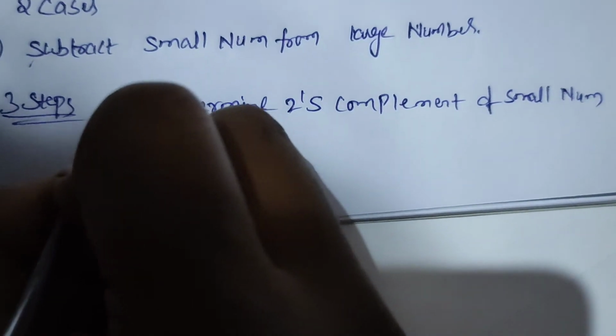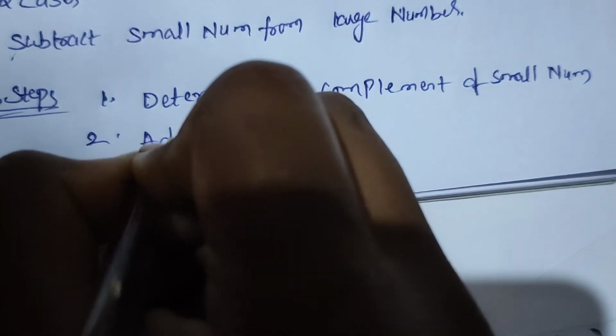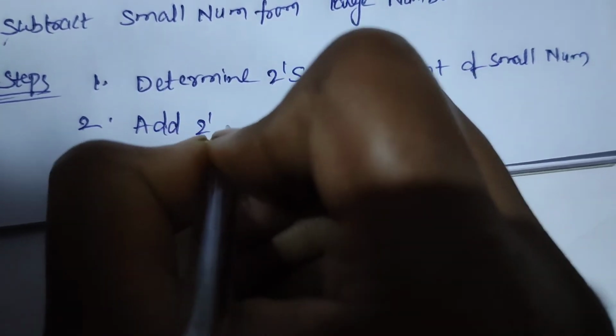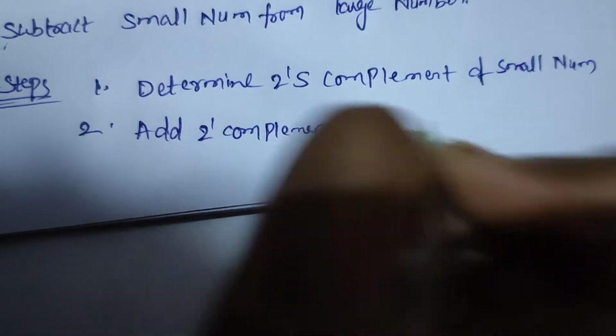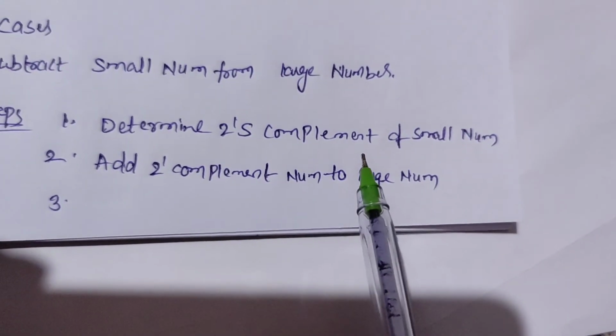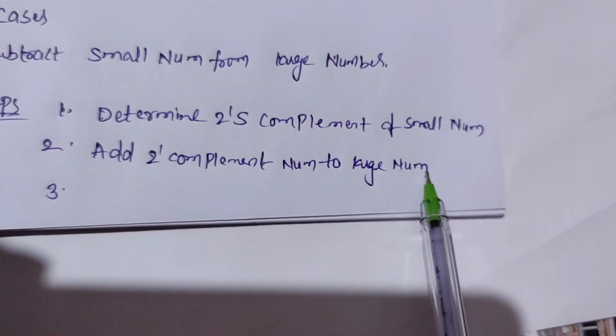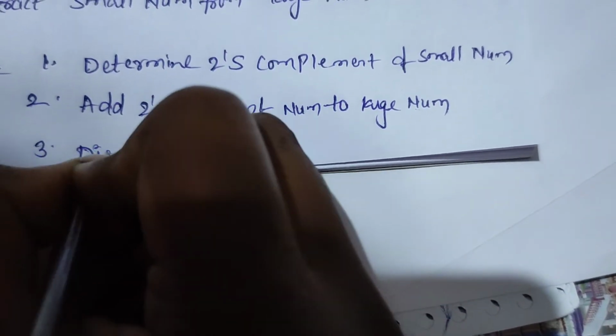In step 2, add the 2's complement number to the large number. Step 3: after adding, you will get the result. If there is any carry, you can discard it. So discard any carry.